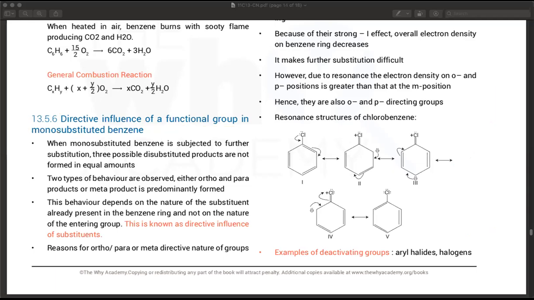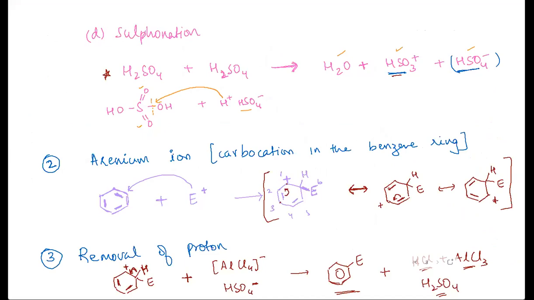Let me just take it up on the whiteboard. All right. So when you had normal original benzene with nothing else, and let's say you were substituting it with chlorine.